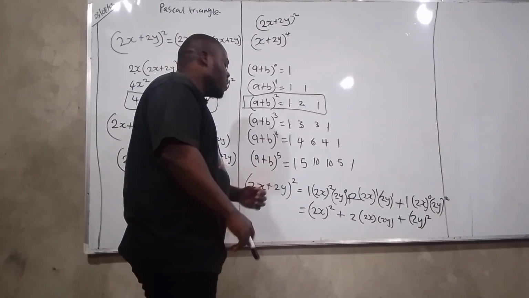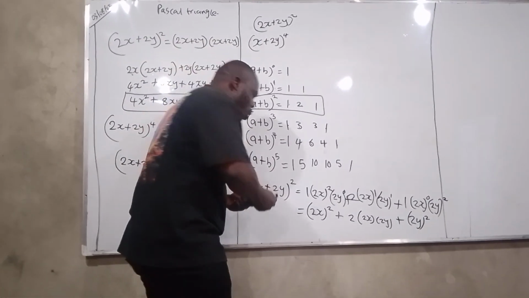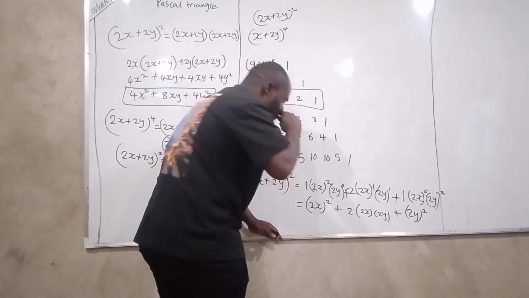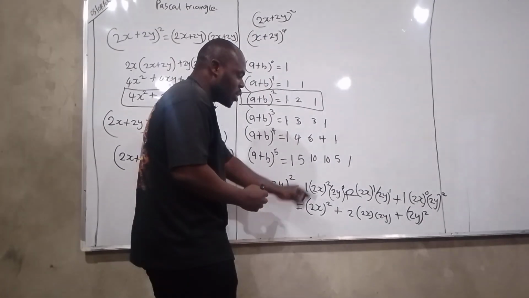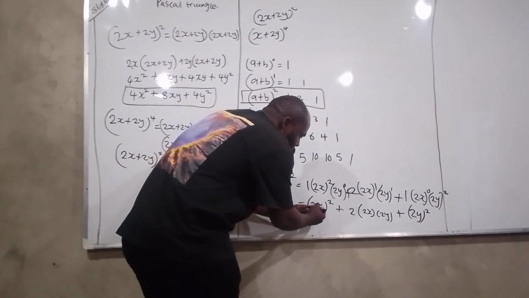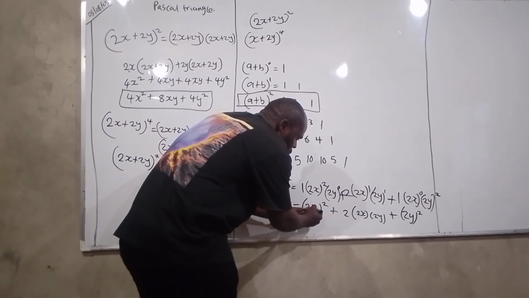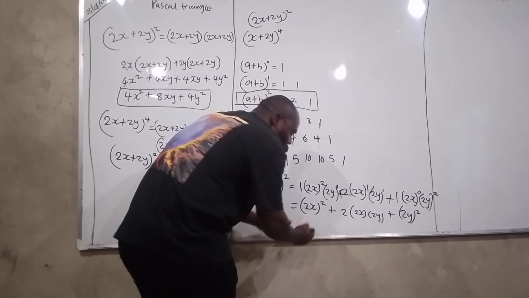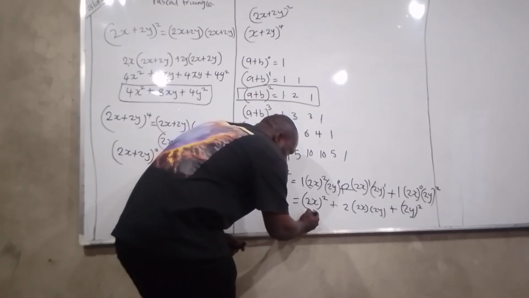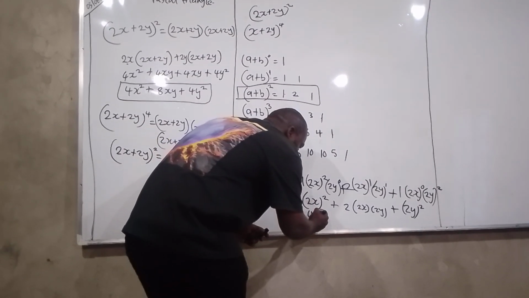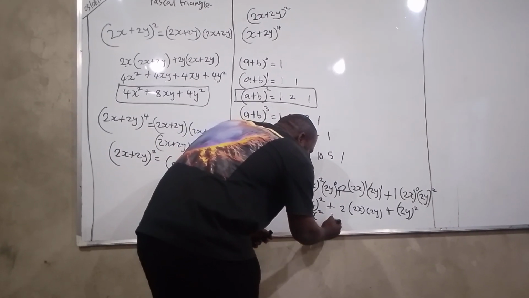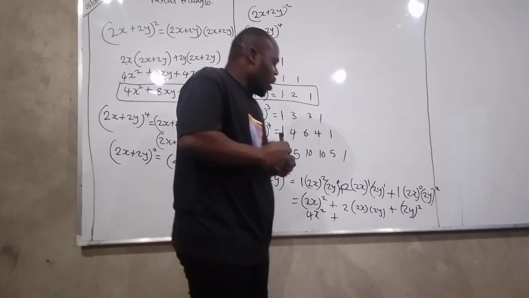Now, let's expand and see if we have the same answer as in our previous expansion of this same example. (2x) squared: 2 has the power of 2 and x has the power of 2, so 2 to the power of 2 is 4 and x squared, so 4x squared.